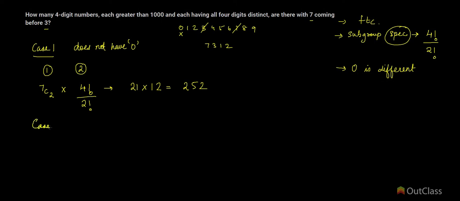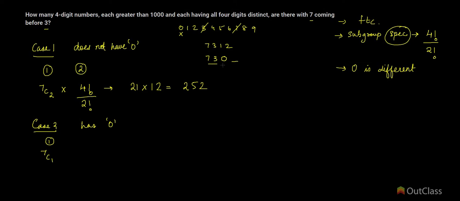Then you have a case 2, has 0. How is this different? Let's say I have a selection, I had 7 and 3 already, then I select a 0, then I need to select one item from the remaining 7. So the first step of selecting is actually 7C1.